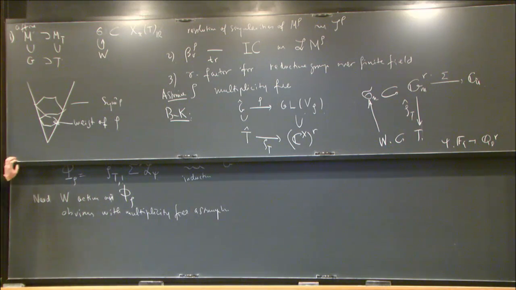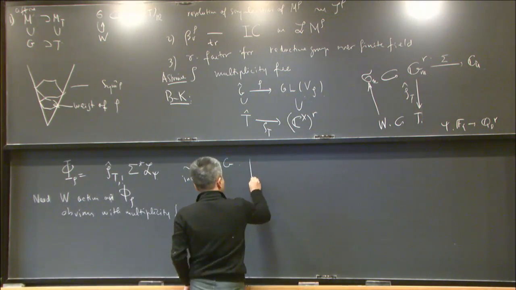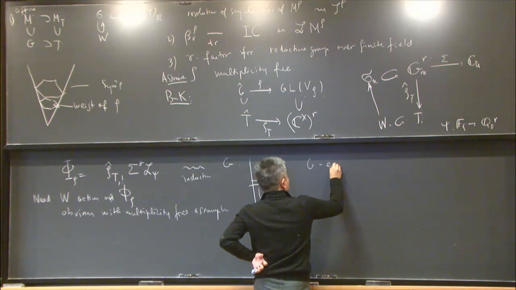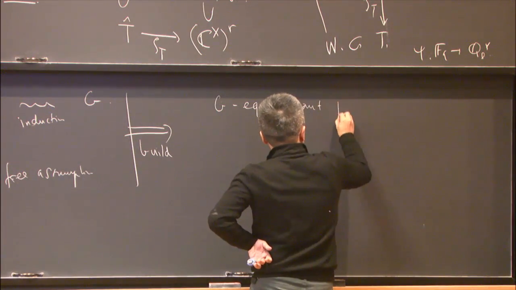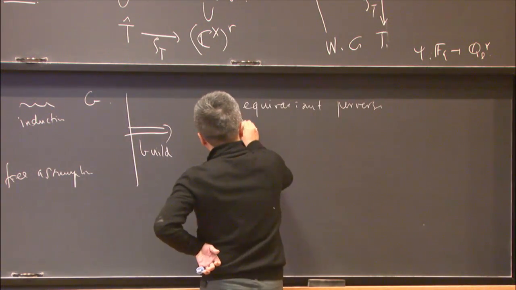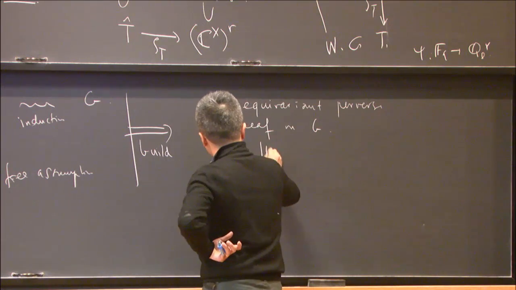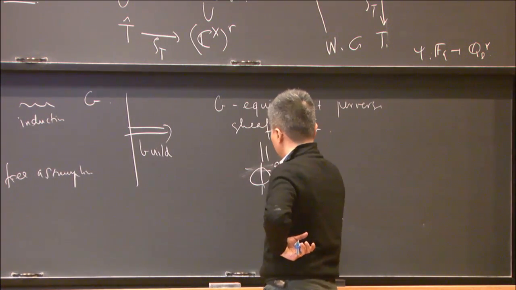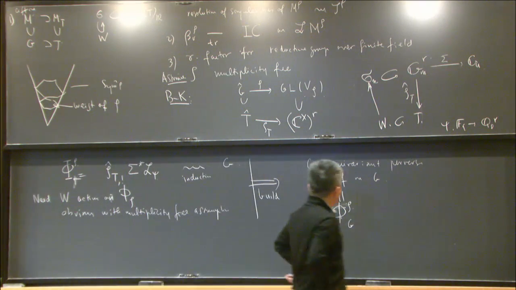With this, you can build a G-equivariant perverse sheaf on G. Let's call this phi of G of rho. Maybe it's called phi T of rho.